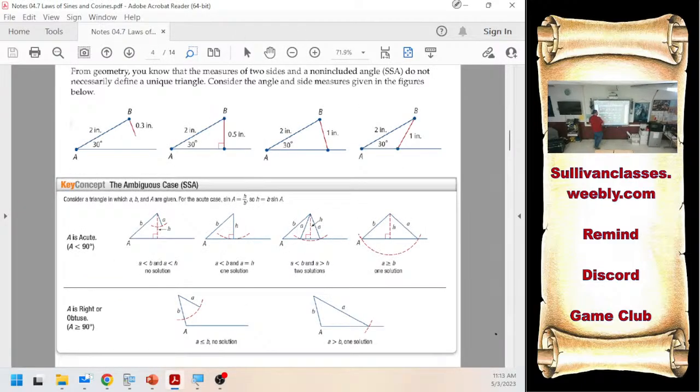All right. That's what this whole page is about. They're showing this side being able to hinge back and forth, where it could have went straight down and made a 90-degree triangle. It could have hinged either of these directions, depending on the angle up there. I could have had an obtuse angle or an acute angle, or it could have just been too short and never made a triangle.